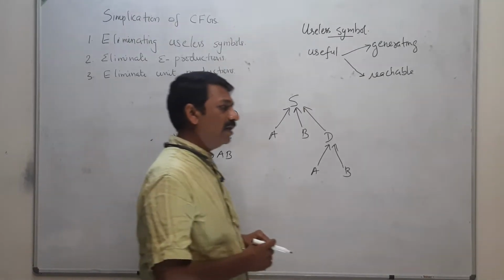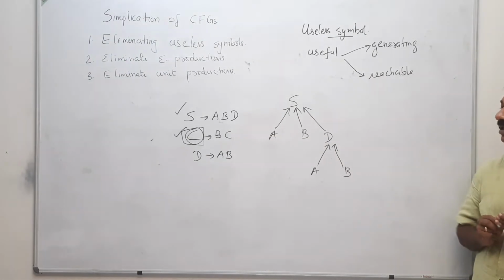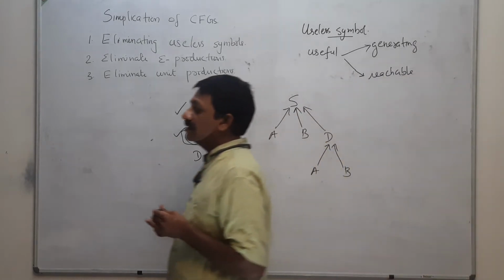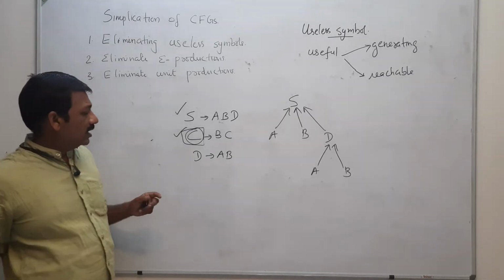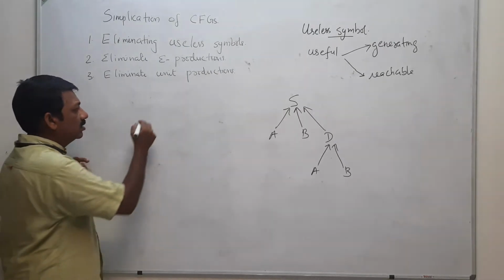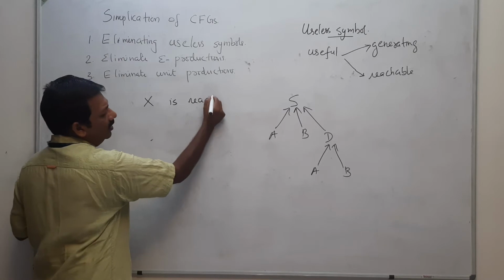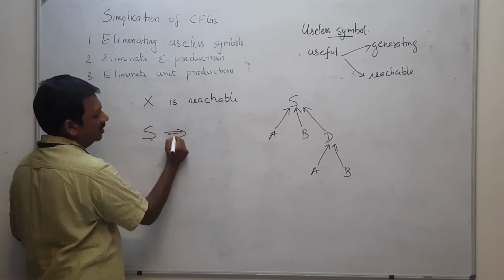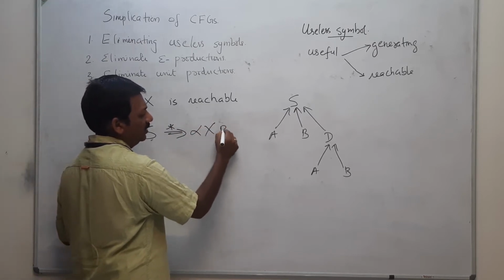If a variable can be derived from the start symbol, that means it is reachable. That means a symbol X is reachable if S in 0 or more steps gives alpha X beta.